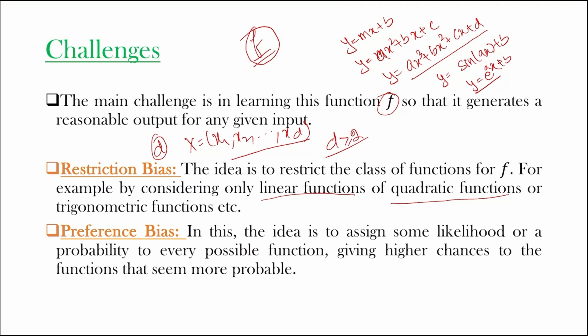And it is quite tough to figure out what the form of my function f could be. So this is one of the key challenges in the restriction bias.